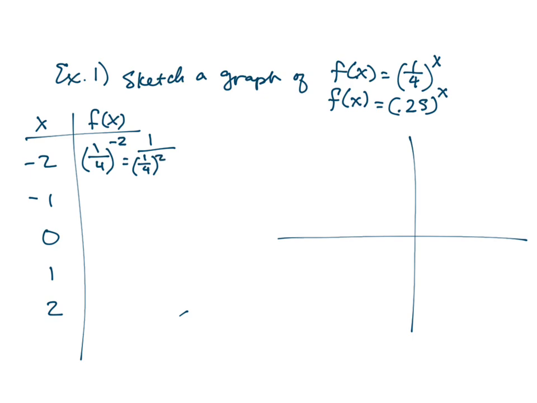Are you following that? Send it to the basement, make it happy. Another way to handle this is to flip the fraction and raise it to a positive power. That's a little quicker. So I have a fraction to a negative. I can flip the fraction and raise it to a positive, which ends up being 4 squared. What's 4 squared? 16. Okay.